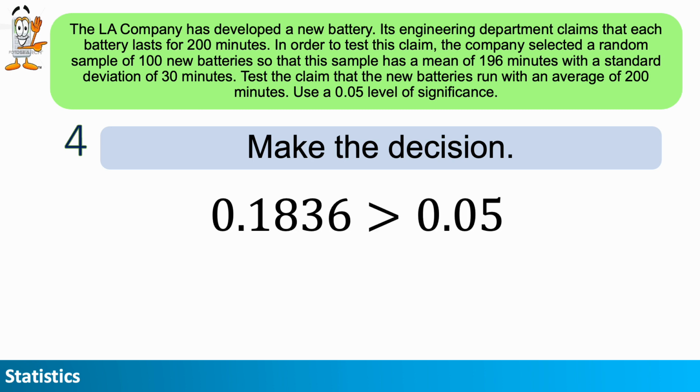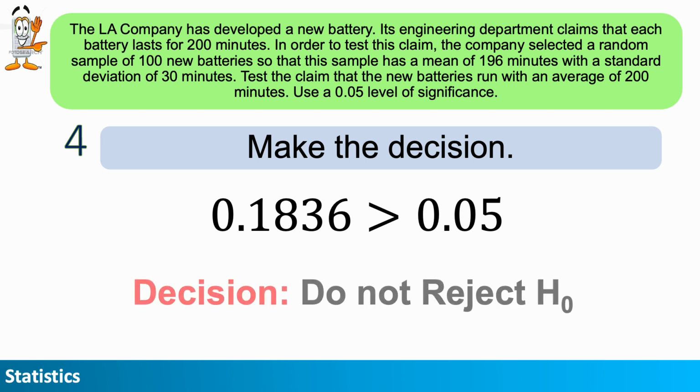Let's compare. Your P is 0.1836, and it's obviously way bigger than 0.05. So what we're going to do is not reject the null hypothesis.